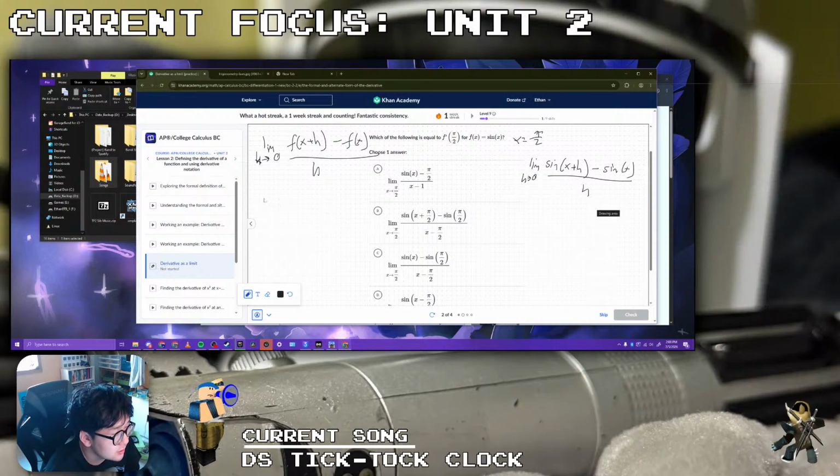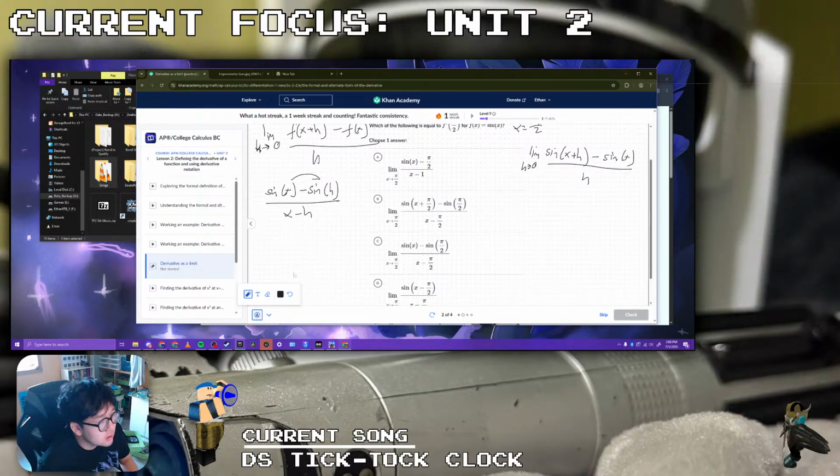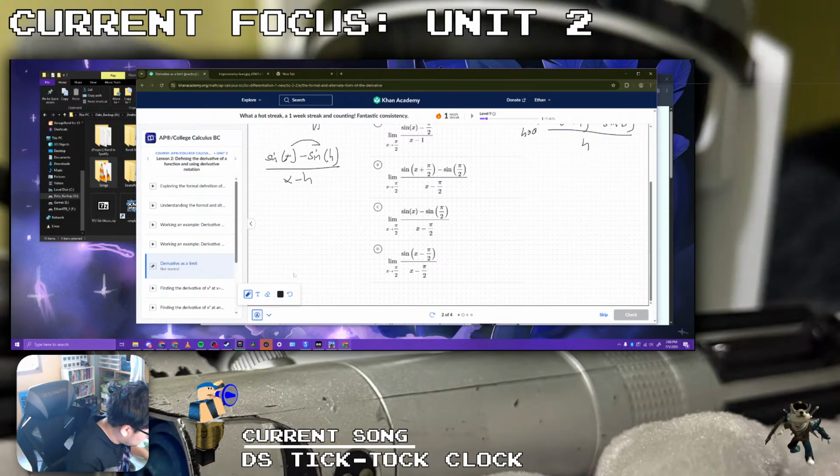Or it wants us to do this one: sine of x minus sine of h over x minus h. Okay, hold on. I swear you do not need to know both of those formulas.